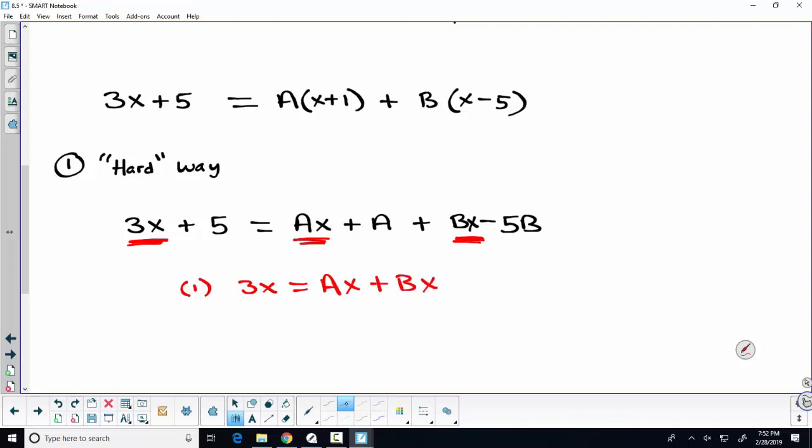And then we equate the constants. We've got 5 over here, and the constant on the right is a, and we've got a minus 5b. So equation 2 says that 5 is equal to a minus 5b.